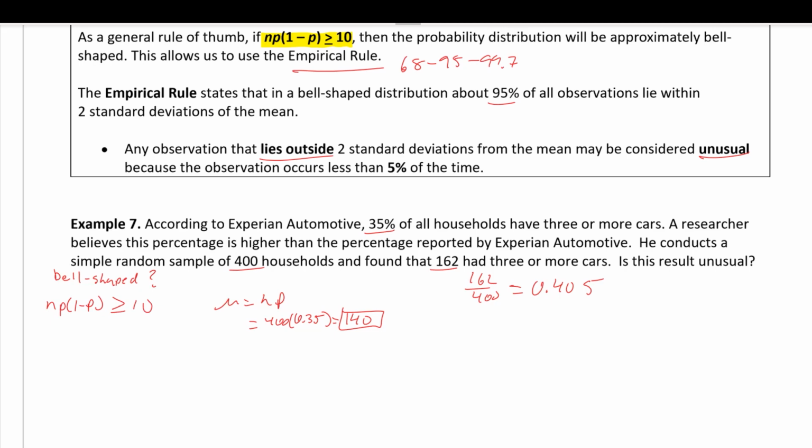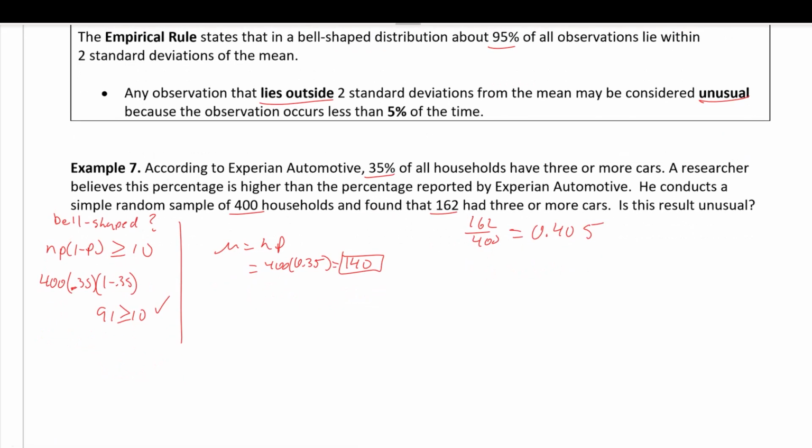And n in this case is 400. p is 0.35. 1 minus p is 1 minus 0.35, which should be 0.65. If you calculate this, let's see what we get. 400 times 0.35 times 0.65, we get 91, which is greater than 10. Okay, that means we can continue with this problem.